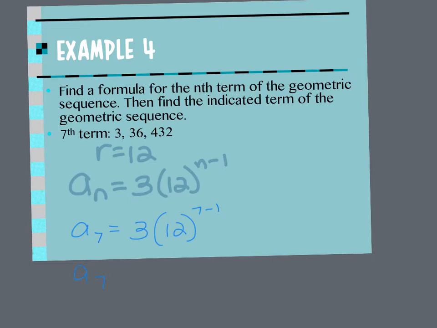So the first thing I would do is do 12 to the 6th power, which is 2,985,984. And then multiply that times 3.